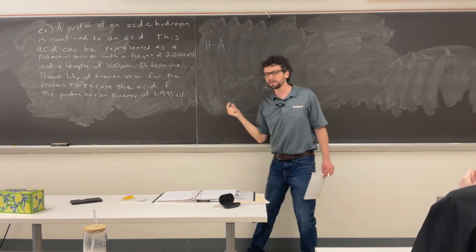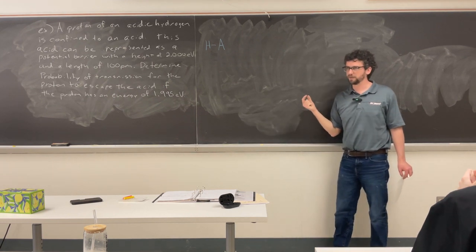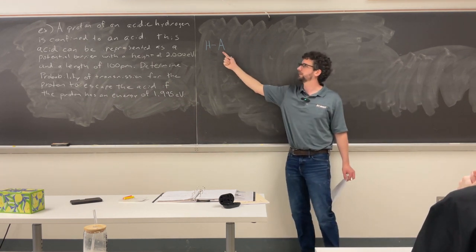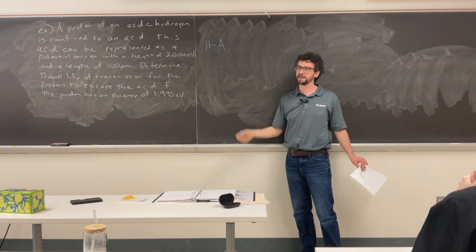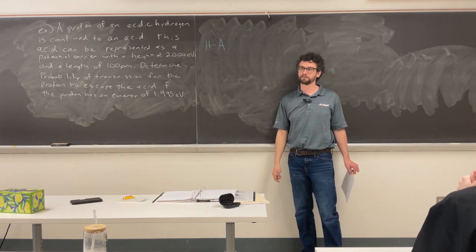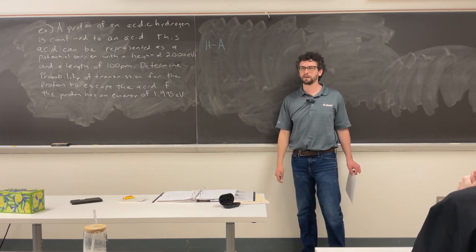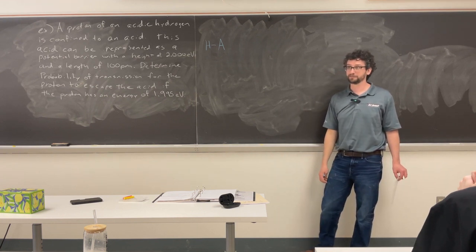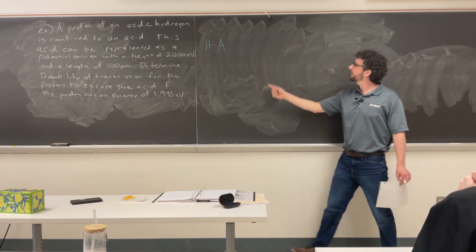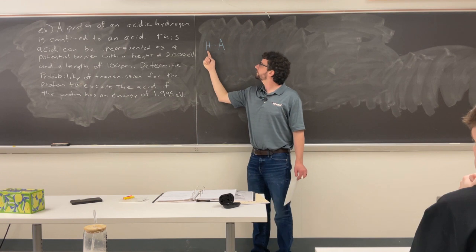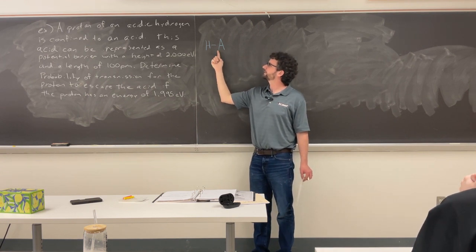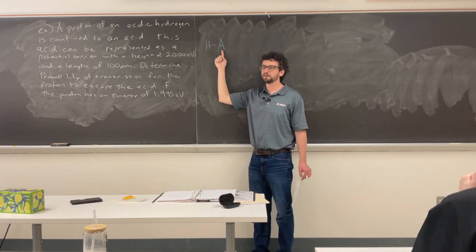In this case, do you guys get what we mean by a potential barrier when it comes to this molecule or this acid? Or not really? Okay. When we look at this, what's keeping this proton adhered to this acid?